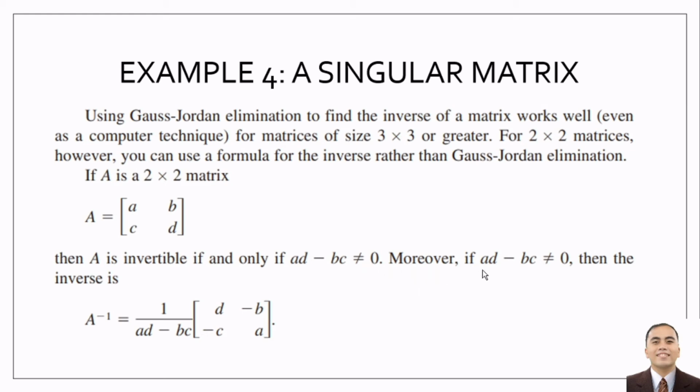Moreover, if A times D minus B times C is not equal to 0, then the inverse, A raised to negative 1, is equal to 1 all over A times D minus B times C, multiplied to the matrix D, negative B, negative C, and A.